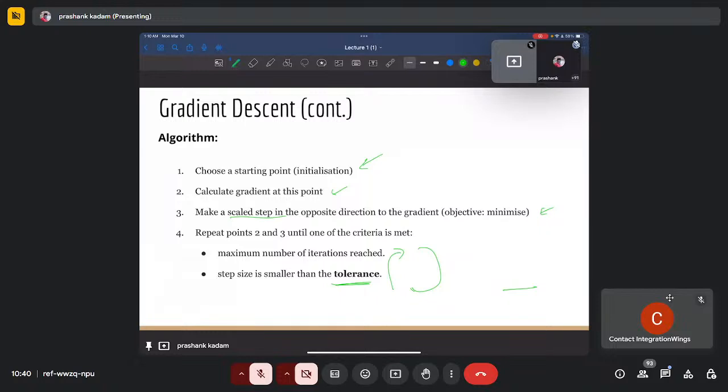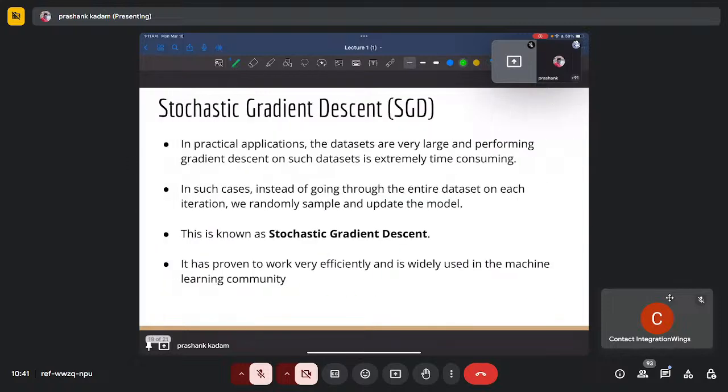The tolerance is what you have set as the point where you want to stop your descent. For example, you reached a point very close to zero, maybe at the 0.0001 level, and then you stop your gradient descent process. That's how you can cut it off.